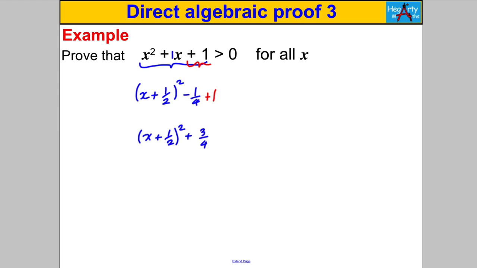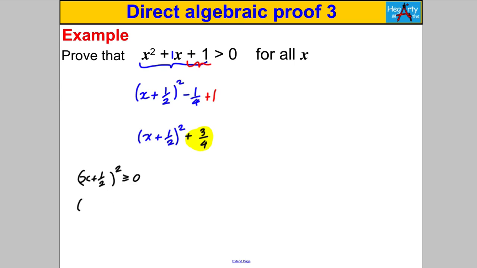Now actually, would you believe it, we've shown it here. I wonder if you can see it. 3/4 is a positive number. x add a half squared, anything squared is bigger than or equal to 0. I know for sure that that could be 0, but it's bigger than or equal to 0.